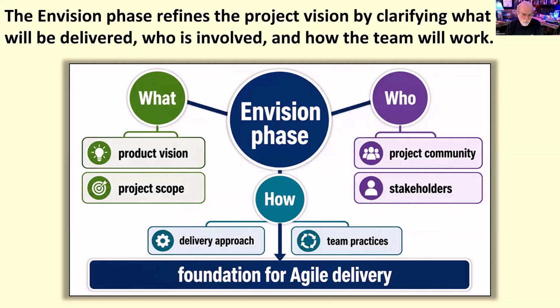And here we refine the product vision, we identify the people who will shape and evaluate the work, and we determine how the team will collaborate. It doesn't mean that we're creating a rigid plan or any detailed specifications at this point. We're creating enough shared understanding so that we can support later the speculate and explore phases and this other planning and delivery and stakeholder review that we have to do.